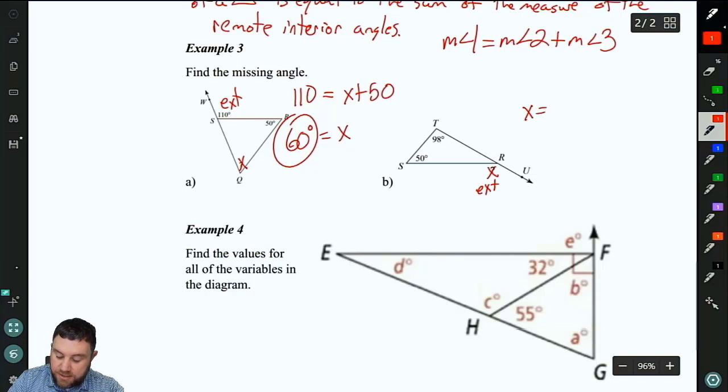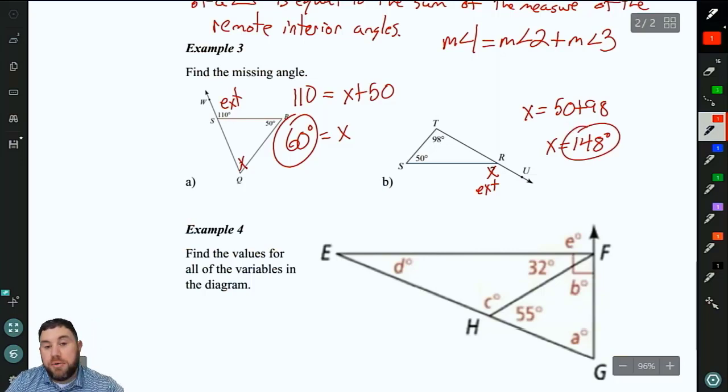So we have x equals 50 plus 98. So that exterior angle is 148 degrees. If you know your two remote interiors, you'll add them together. But if you know one interior and the exterior, you'll subtract to get the other one.